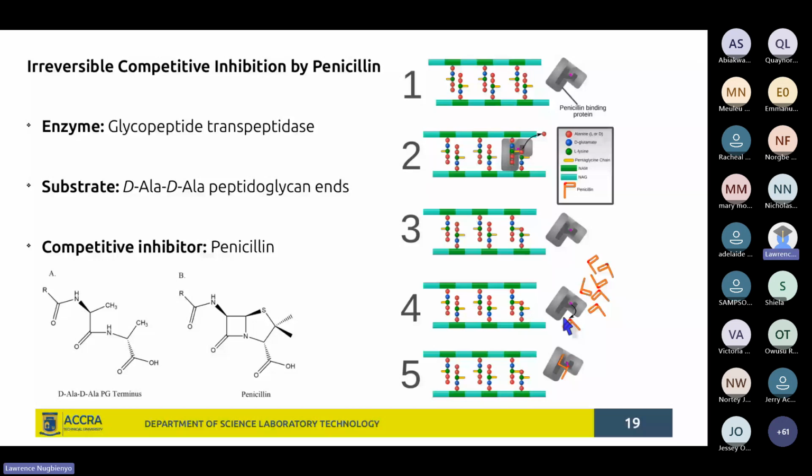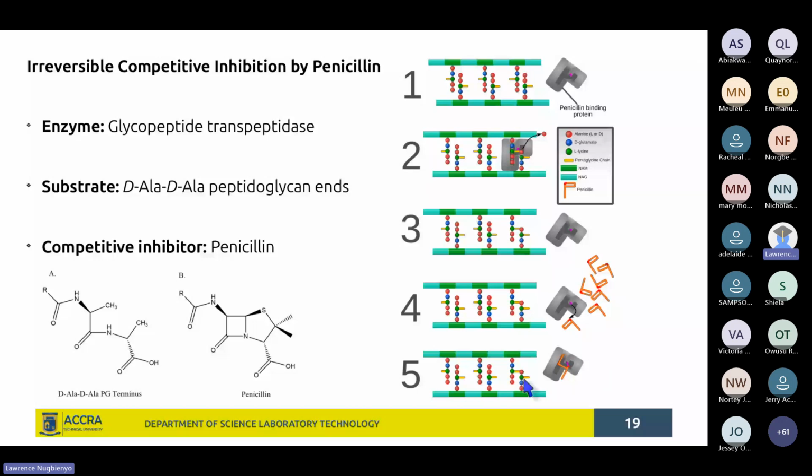So that's why penicillin is sometimes also referred to as a suicide inhibitor. Like the enzyme, it sort of deceives the enzyme. The enzyme thinks of it as if it is its substrate. Then when it binds into it, it results in the enzyme not being active any longer.